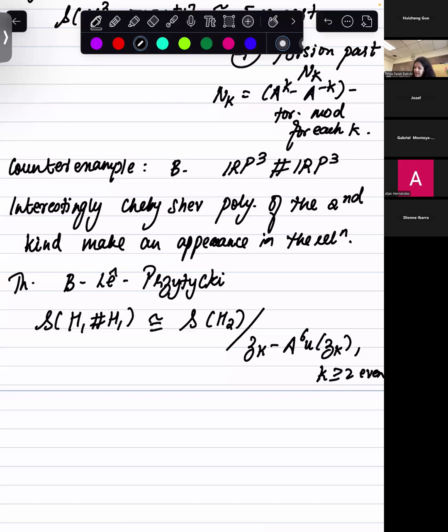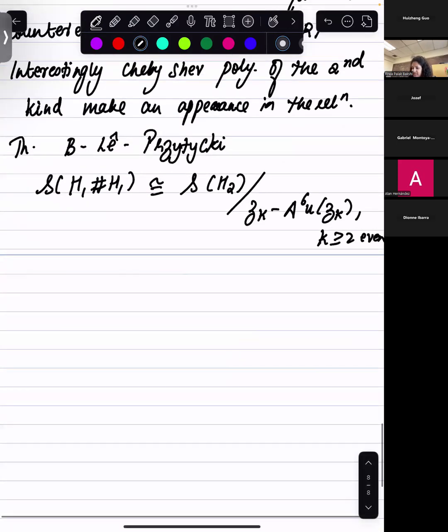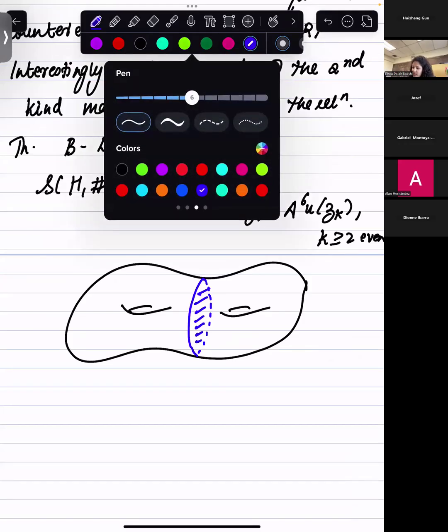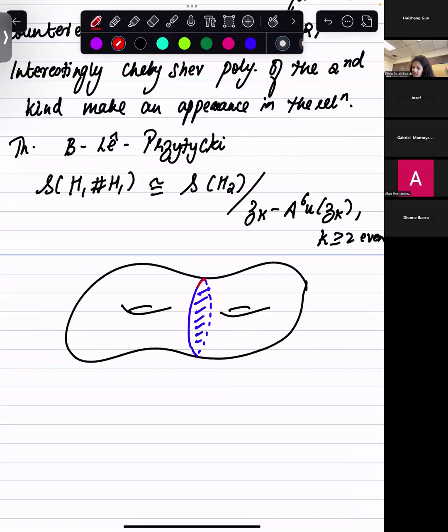Why do we have this? The reason is as follows. If you have your genus 2 handlebody, then we take the meridian disk that separates the two toroidal holes. We take the boundary of this particular disk, we call this gamma, and to this we glue our two-handle.